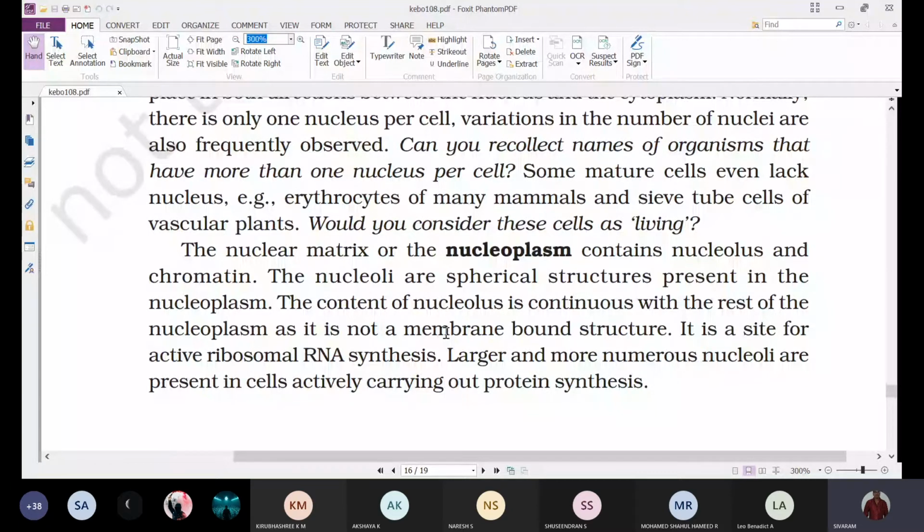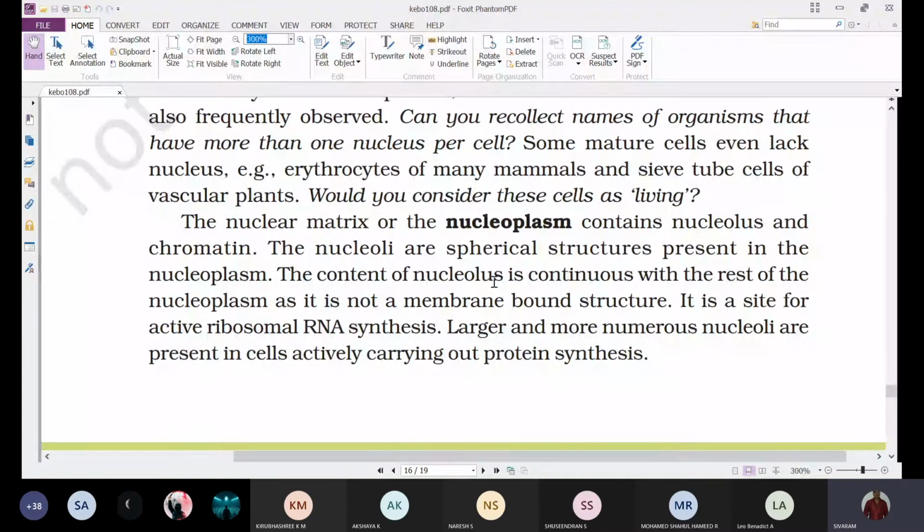And what does the nucleolus consist of? The content of the nucleolus is continuous with the rest of the nucleoplasm, and it is not a membrane-bound structure. The components present in the nucleolus are continuous with the nucleoplasm of the nucleus. What is the function of the nucleolus?